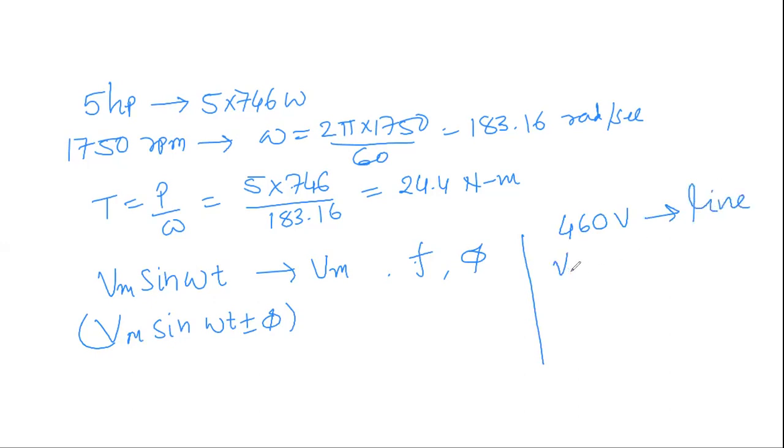So the phase voltage is 460 divided by √3, and the peak voltage for a sinusoidal voltage is √2 times this phase voltage. These are the parameters we are going to use for specifying voltages, load and torque, and then we will observe whether the motor is running at all these rated conditions or not.